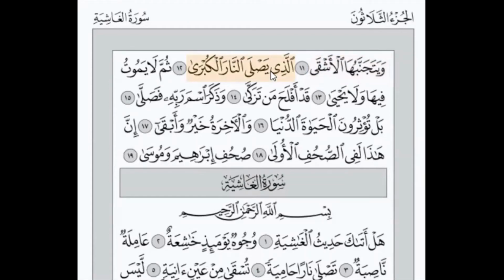الذي يصلى النار الكبرى. Alladhi was described in the second ayah and the third, so there's no need to go over that. Yasla, Sad here has a sukun and it's preceded by a fatha. It is a heavy letter, so it is heavy on the second scale. Yasla nara, just as I explained for yatajannabu hal ashqa, where we drop the alif here, we're going to drop the alif here as well and go straight from the lam with fatha to the noon with shadda.